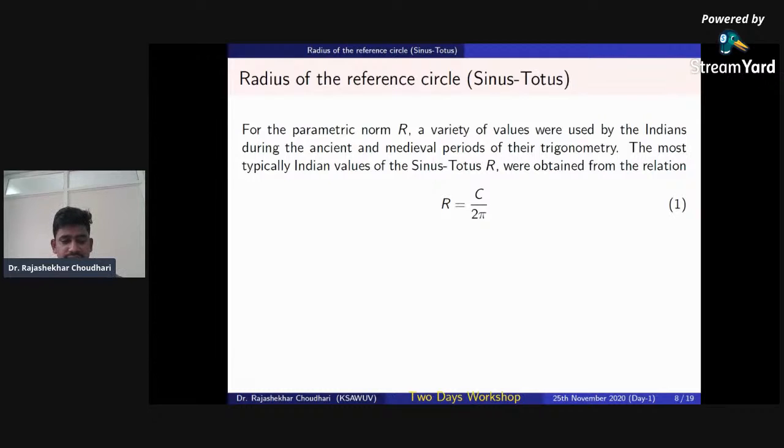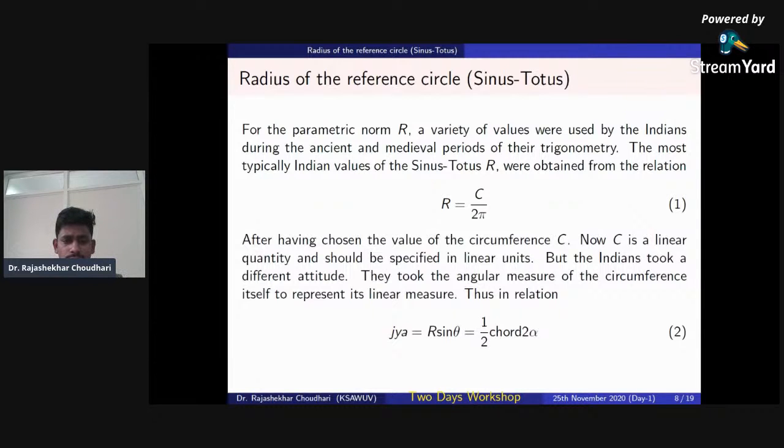Where C is the circumference of the circle, a linear quantity that should be defined in linear units. But the Indians took an angular measure of the circumference itself to represent this linear measure. So they took jya is equal to r sin theta, which is already defined. This is nothing but R sin of alpha by 2.